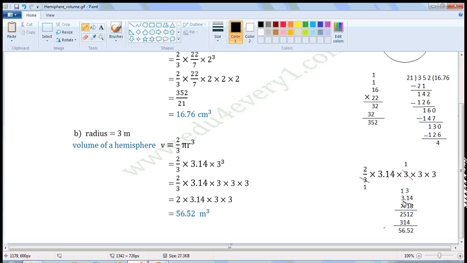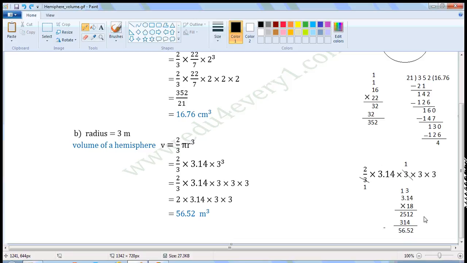Now 8 into 3 is 24, 24 plus 1 is 25, so write 25 here. Now 1 into 4 is 4, so leave one space and write 4 here. 1 into 1 is 1, so write 1 here. 1 into 3 is 3, so write 3 here.